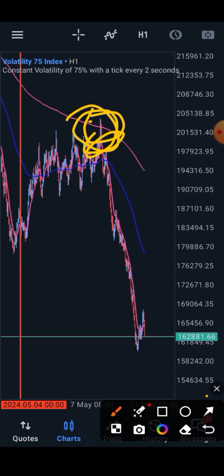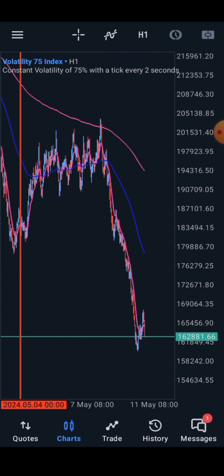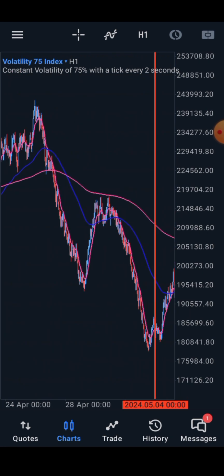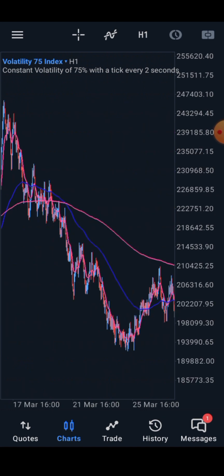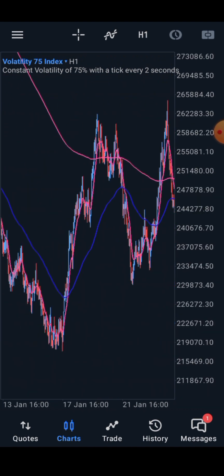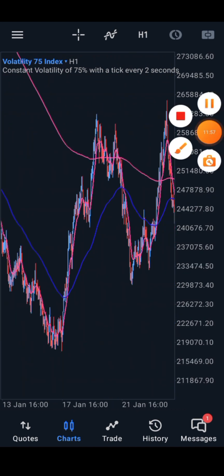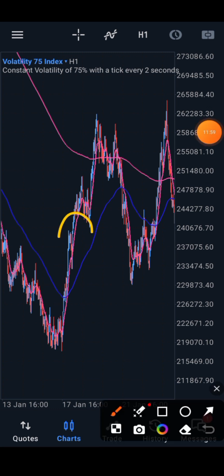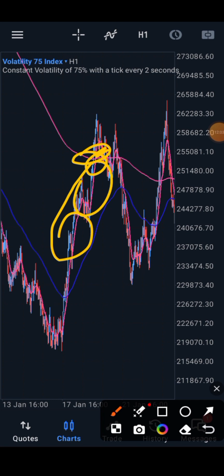If the market gets to this particular indicator, the 350, I just close the trade because I know there will be a reaction at that point. It happens a lot of times. You can start trading buy, but when the market gets to this zone, please just cut the trade off.